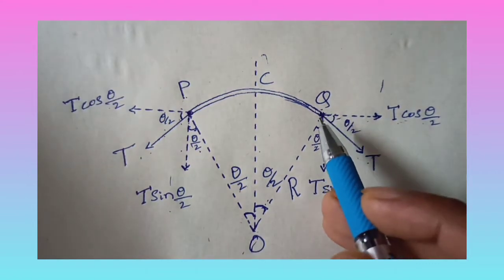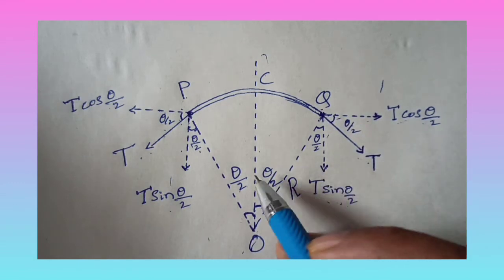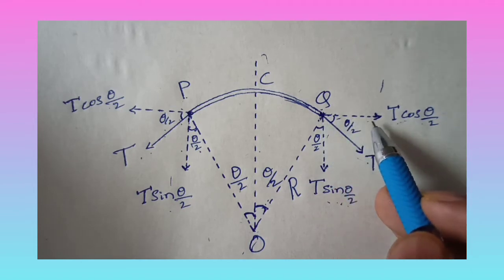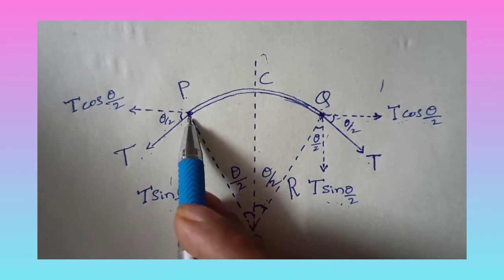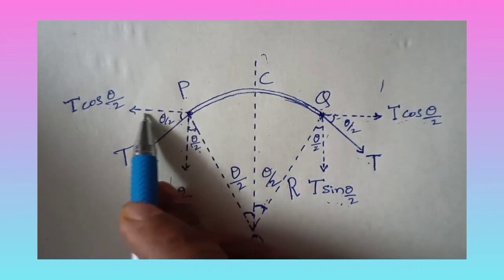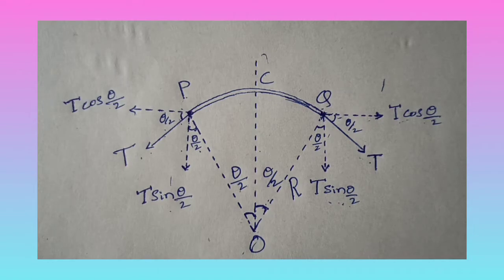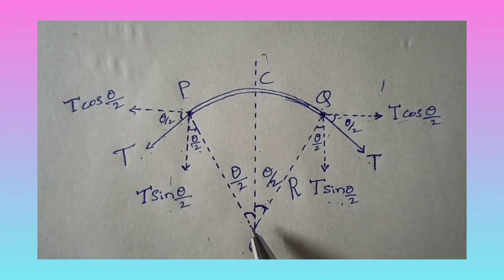Now from this point, if I draw a parallel line towards the center and a perpendicular line, on this side also I will draw a parallel and a perpendicular line. So there are two components here and two components here.